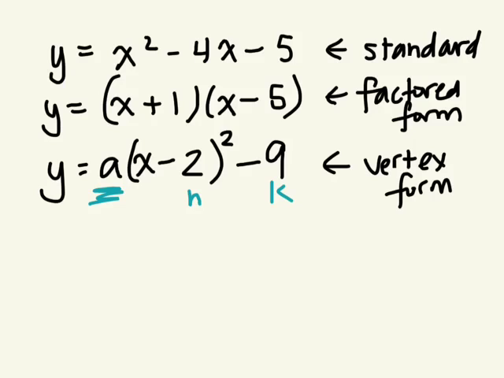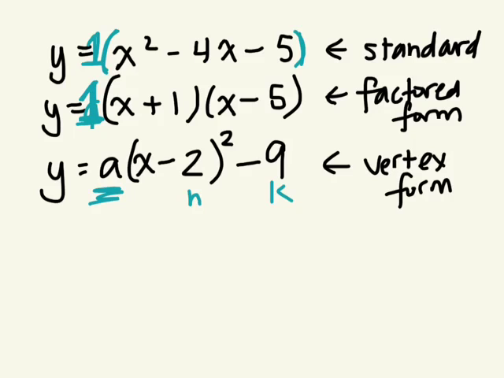But one thing you need to know is, what's the A value in factored form here? It's a 1. Good. What's the A value in standard form? What number can I put in front of this that won't change it? 1. If I multiply anything by 1, it's not going to change the answer. Because there's no number there, you can assume that it's just 1.